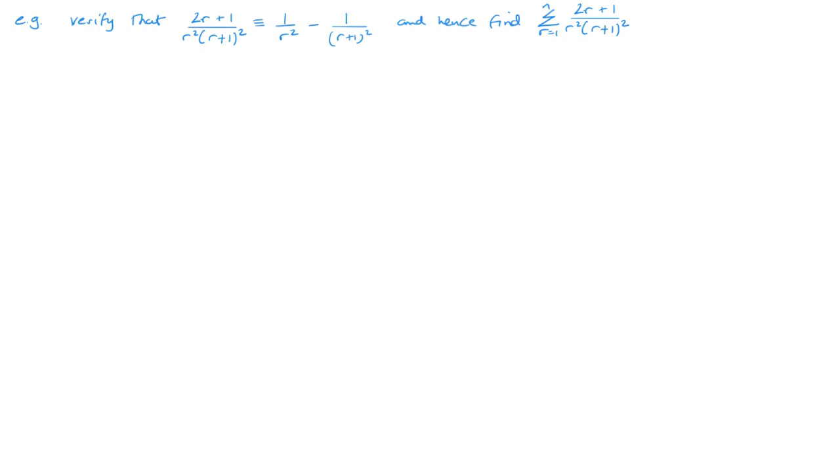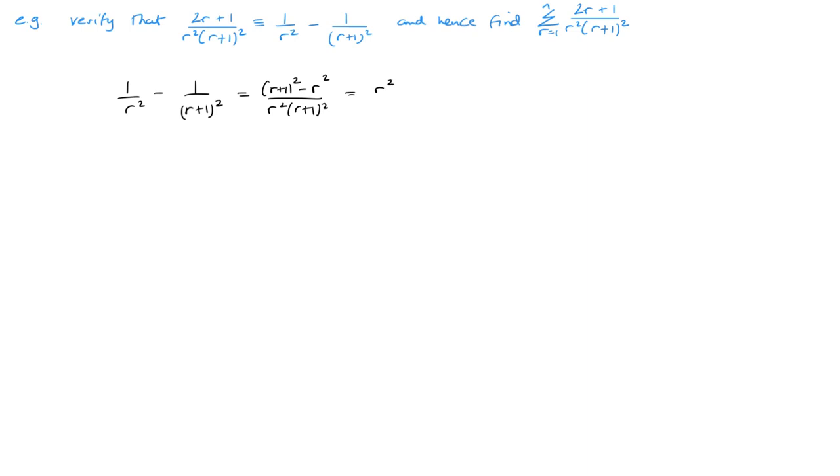This question is going to be in two parts, the verify bit first. That's not a method of differences, but the second part of the question is. First of all, I've got 1 over r squared minus 1 over r plus 1 squared, and I need to make them over r squared, r plus 1 squared. So that's going to be r plus 1 squared minus r squared on the top.